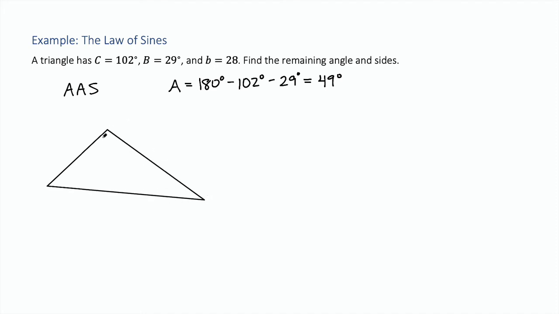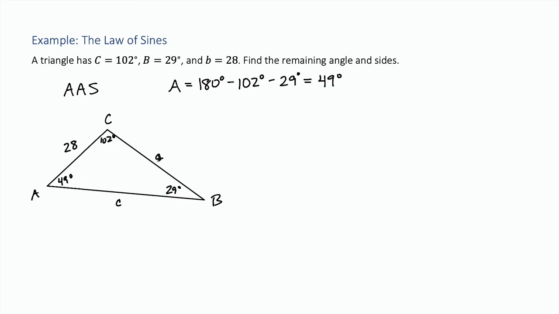So I've got my 102 degrees here, and that's the angle C. And we've got the angle A is 49 degrees, and the angle B is 29 degrees. And then we have the side length b, which is 28. And so all we have left to find is the side a and the side c.